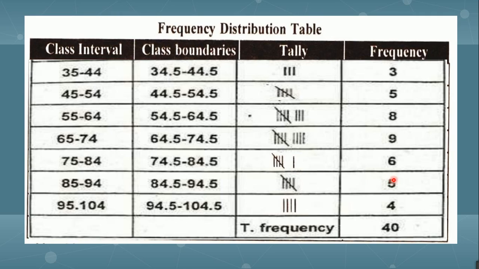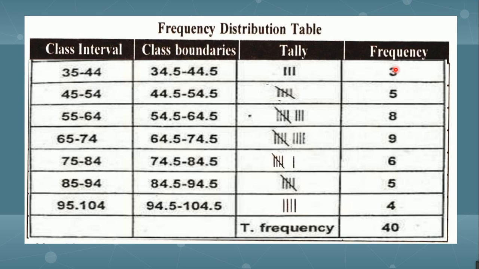For frequency 5, 4 vertical lines and intersect with a 5th line. Now this class has frequency 4, so just draw the 4 vertical lines.